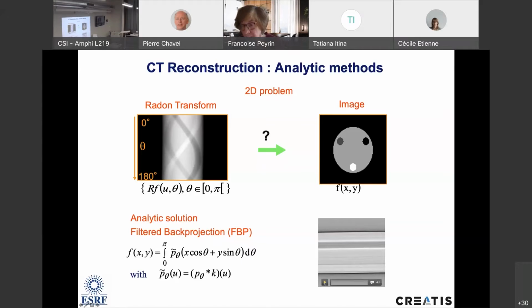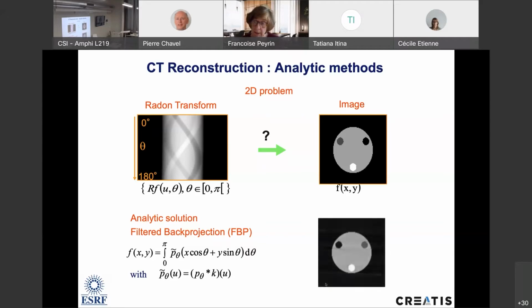I will show you on this image how the image is formed when you sum the contribution of the different angles. So this is the illustration. Here you sum the contribution of the different angles, and the more angles you add, the more you see the reconstruction of your image.